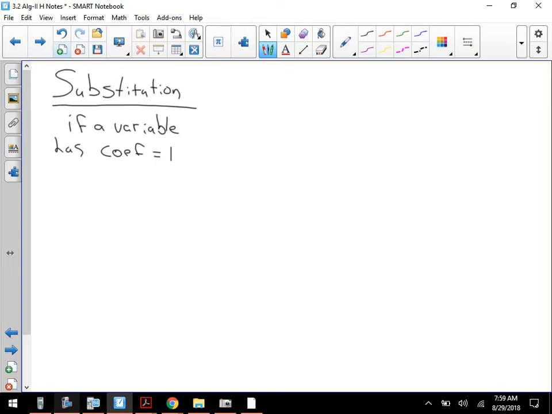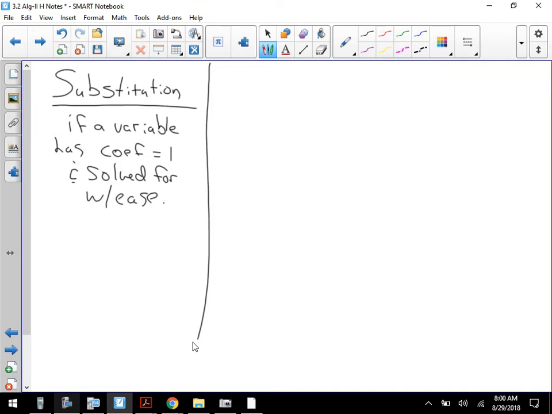So if that variable has a coefficient of 1 and can be solved for easily, with ease. Okay. Do you have to use one method versus another? Use whatever you want. It doesn't matter to me.